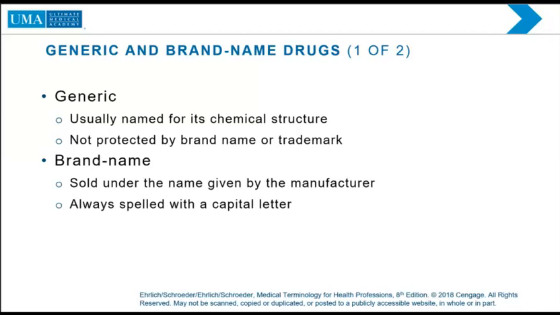Generic and brand name drugs. Generic usually is named for its chemical structure, not protected by brand name or trademark. A brand name is sold under the name given by the manufacturer and always spelled with a capital letter.